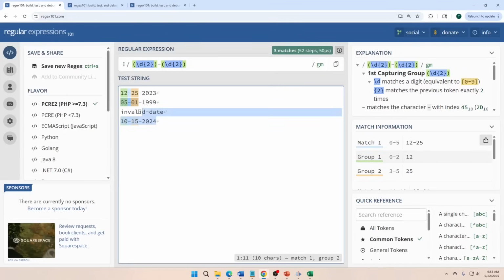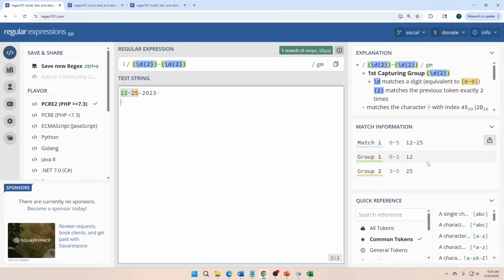It's making two individual groups, one for the 12 and one for the 25. So our month and our day have been pulled out.